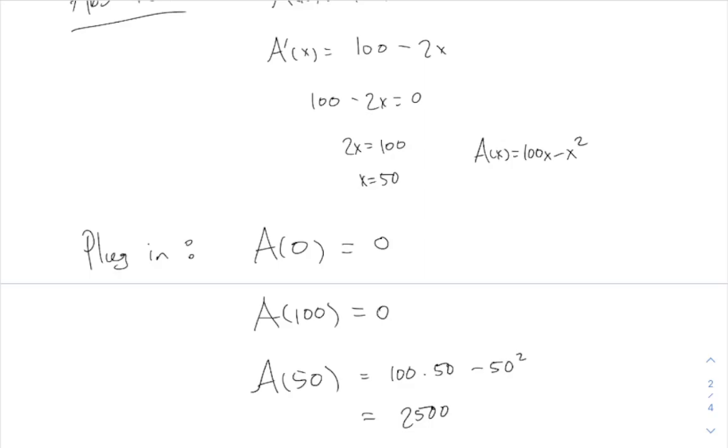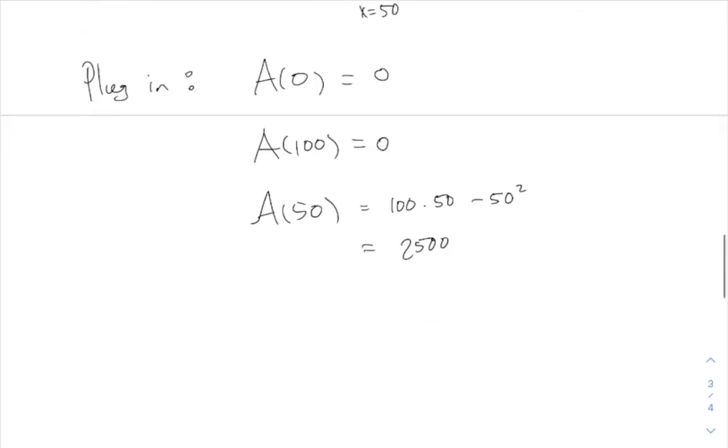These are the values. Remember how you do this? You just look at all the answers here and you compare them and choose the biggest and the smallest. Now in this problem, I don't care about the smallest. I do care about the biggest, and it's that one down at the bottom. So the maximum area, the biggest possible area is 2,500. I guess this would be square feet.